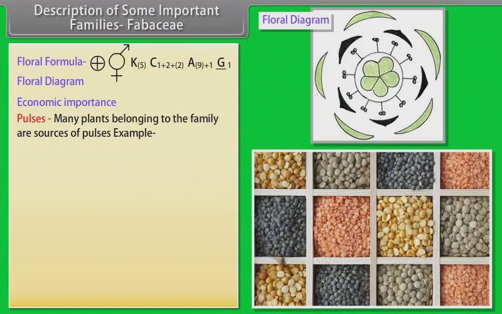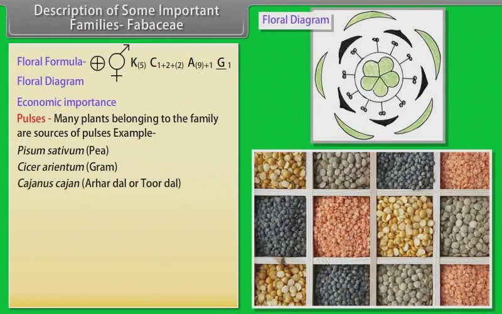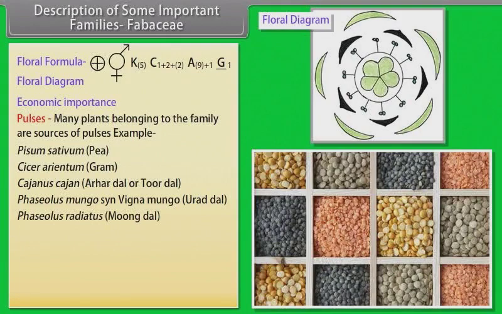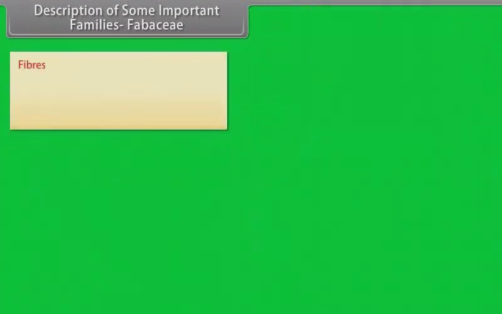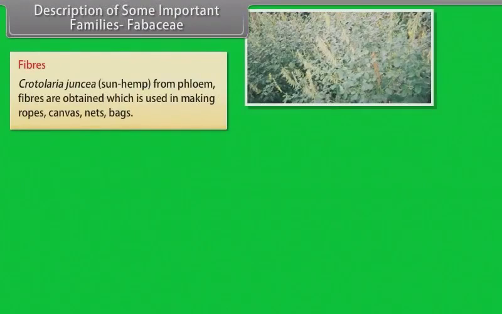Example: Pisum sativum, pea; Cicer arietinum, gram; Cajanus cajan, arhar dal or tur dal; Vigna mungo, urad dal; Phaseolus radiatus, mung dal; Vigna sinensis, lobia; Phaseolus vulgaris, French bean or kidney bean or rajma; Lens esculentum, masoor dal; Lathyrus sativus, khesari dal. Fibers. Crotalaria juncea.